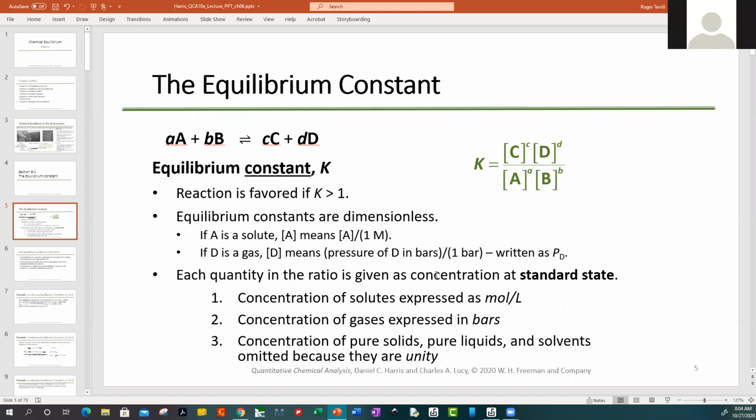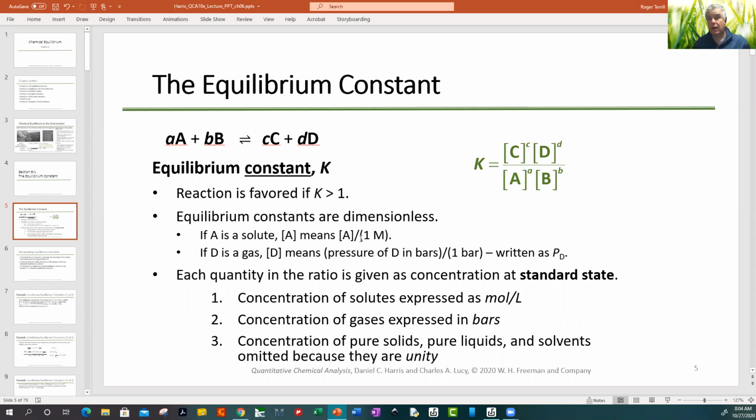If it's something in its standard state, like liquid mercury, liquid bromine, solid sodium chloride, or pure water, we define that as unit concentration.